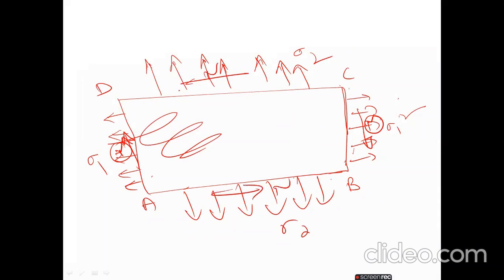So what happens? We want to calculate the normal stress and also the tangential stress. Before that, we will consider a section like FC. This is PT, the tangential stress, and this one is PN, the normal stress, and this is the angle theta.